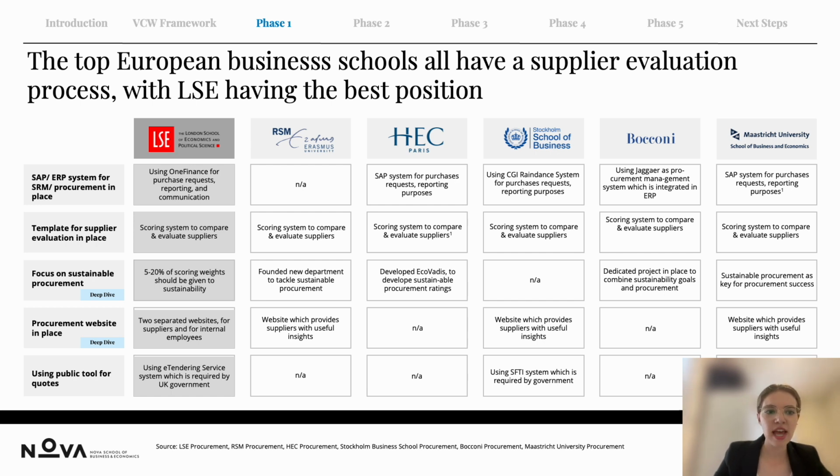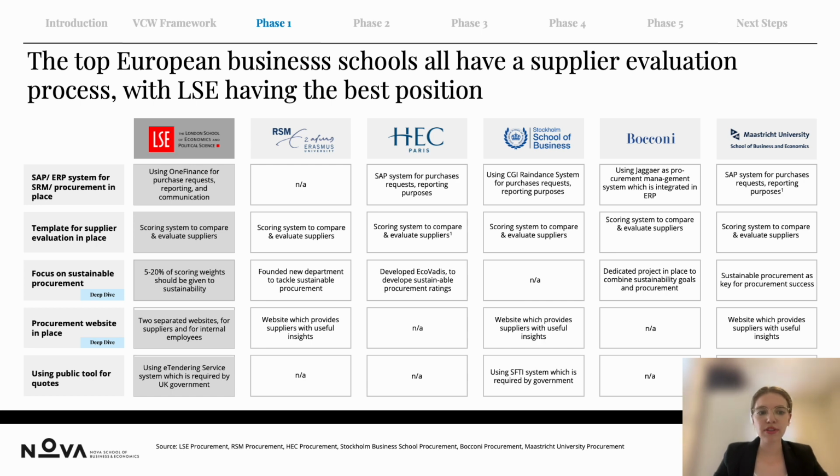We looked at whether there's a SAP or ERP system for procurement in place, whether they currently use a template for the supplier evaluation, whether they focus on sustainable procurement, and if they have a procurement website in place either for suppliers or for internal employees, or in the best case for both.